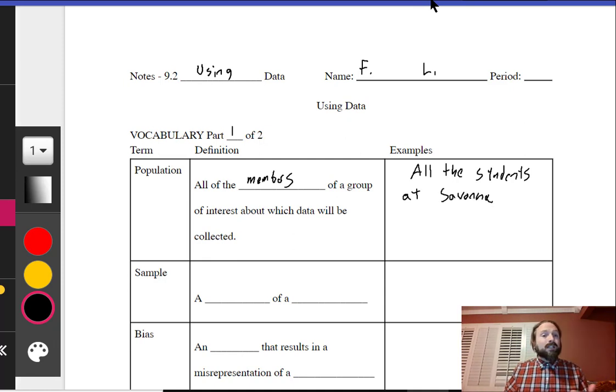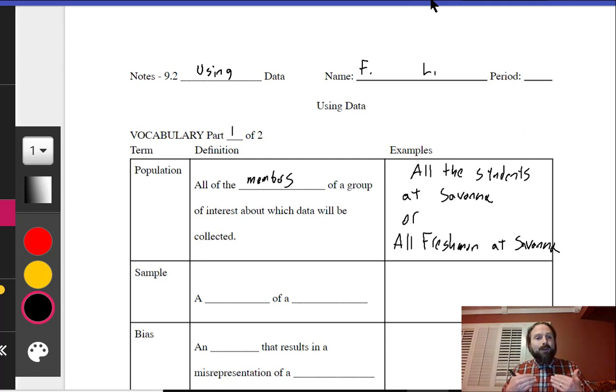Or if we just want to collect data on all the freshmen at Savannah. And so we would try to figure out how we're going to collect that data. So let's go on to the next part.